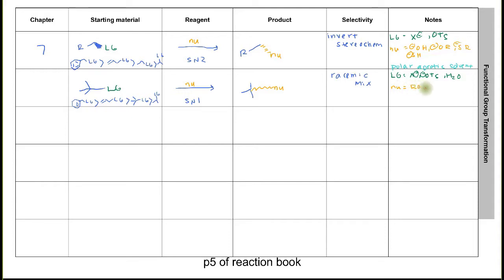So R can be CH3 or CH2CH3 or water. They can also be HX. So hydrogen bromide, hydrogen chloride, those types of things. And our solvents here are polar protic.